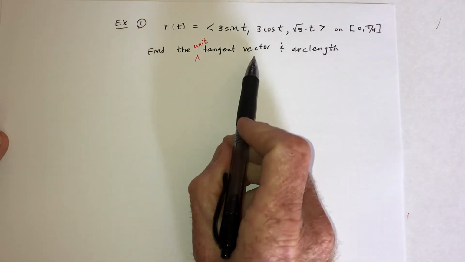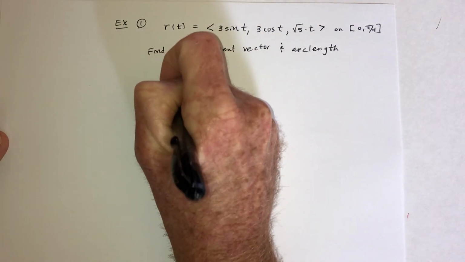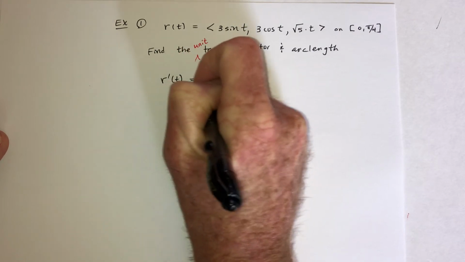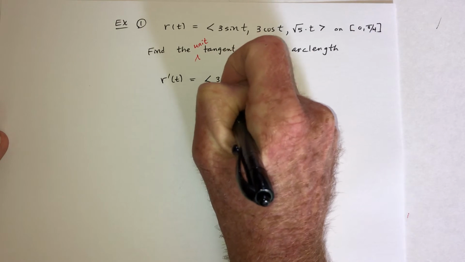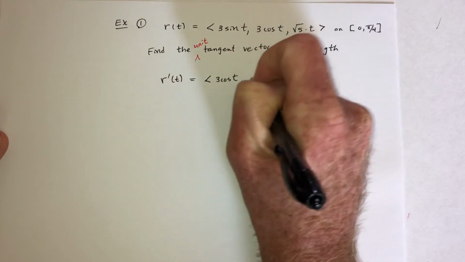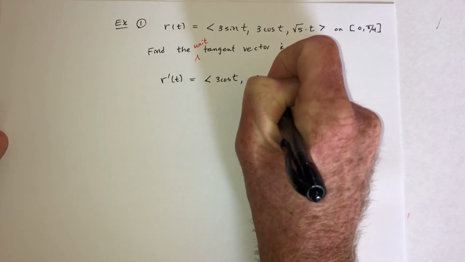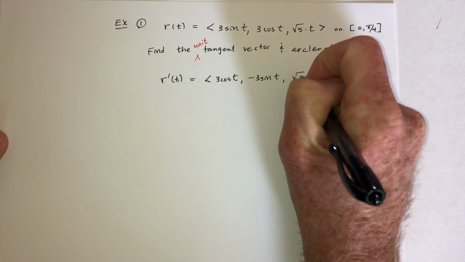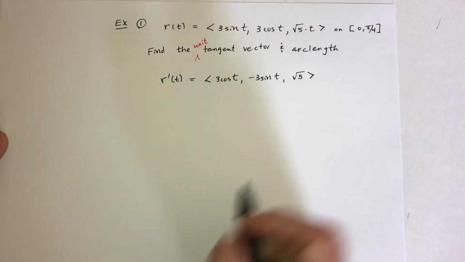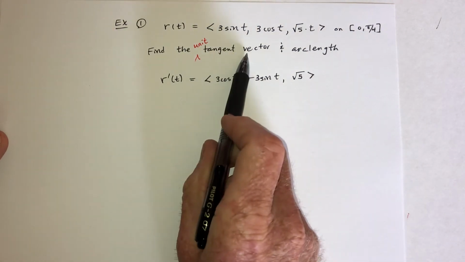So tangent vector means just take the derivative. So the derivative here would be 3 cosine of t, and then negative 3 sine of t, and the derivative here would just be the square root of 5. So there is the tangent vector.